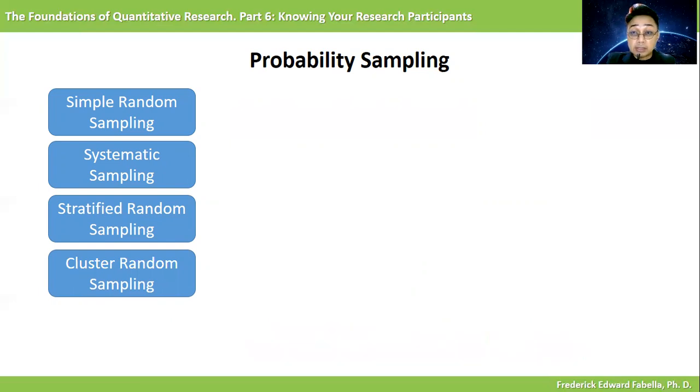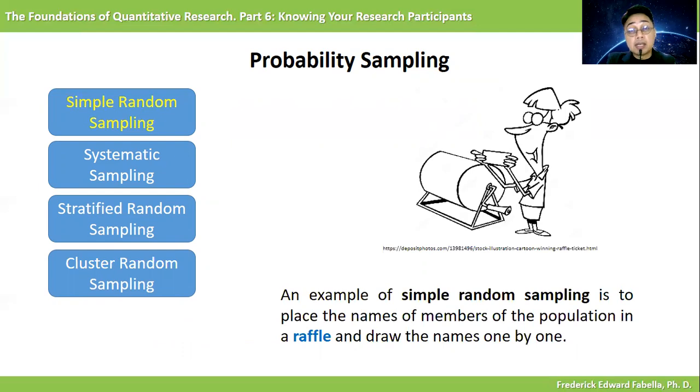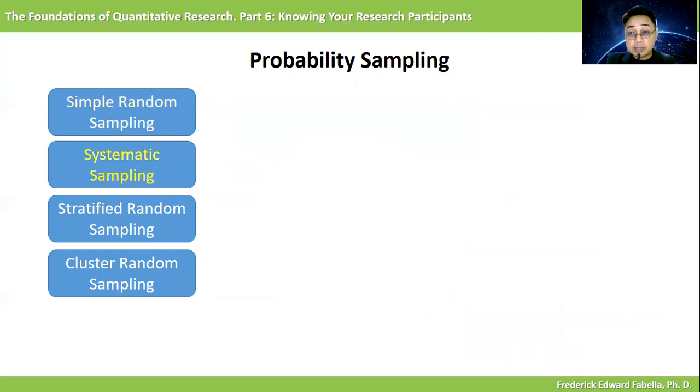Let's discuss first simple random sampling. An example of simple random sampling is to place the names of members of the population in a raffle and draw the names one by one. So that's simple random sampling. Let's now proceed to systematic sampling.